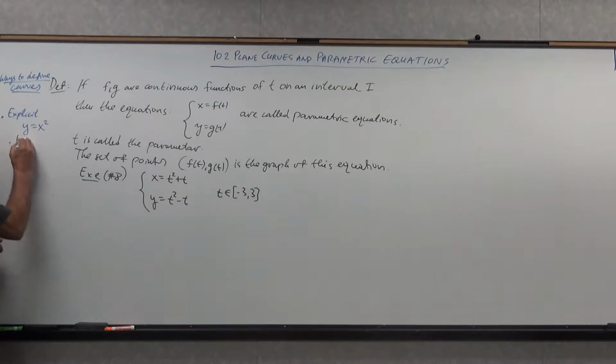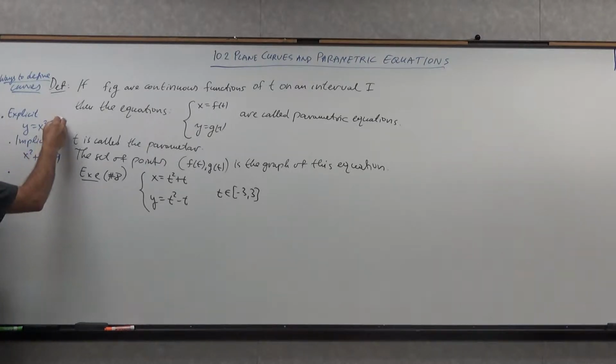Then there's implicit, like a circle, x squared plus y squared equals 9. Here y and x are not separated, one left, one right, they are just mixed up. So when I give you the value of x, you need somehow to calculate the value of y. Sometimes that's easy, sometimes more complicated. But in both of these ways, you start with x and you get y.